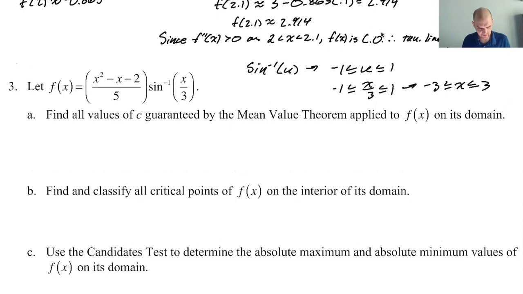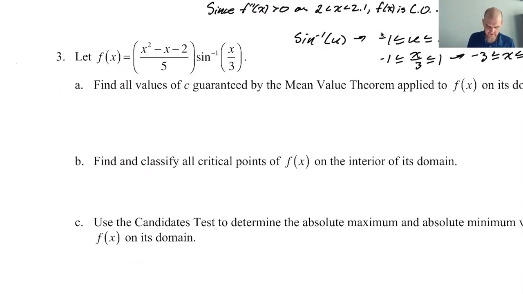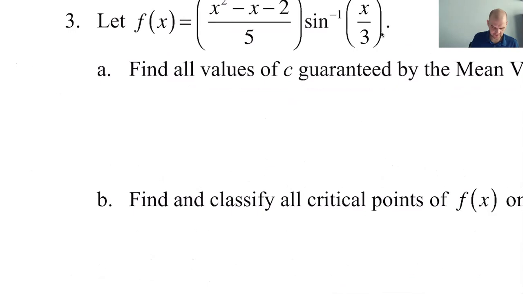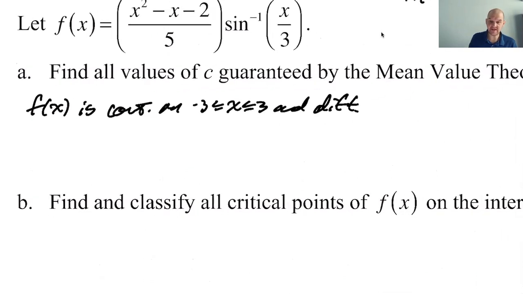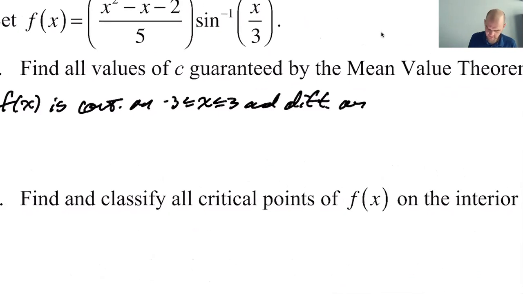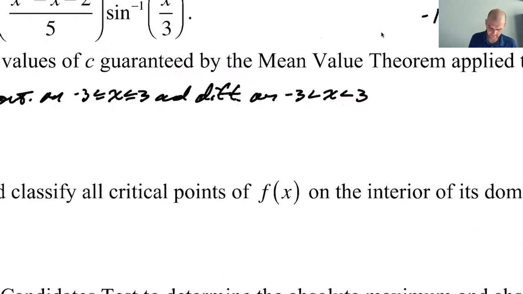So we're going to look for, let's start it off, right? Find all values. So f of x is continuous on the closed interval -3 to 3, and differentiable on the open interval. So this is a good answer, which, why are you not doing good answers all the time?